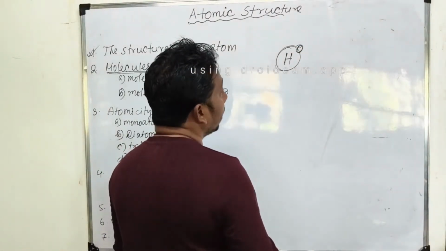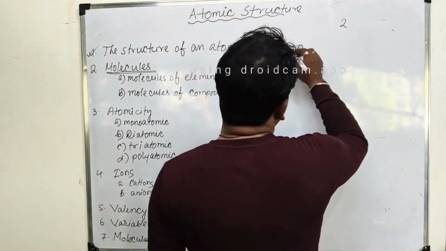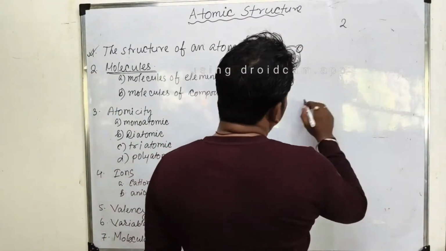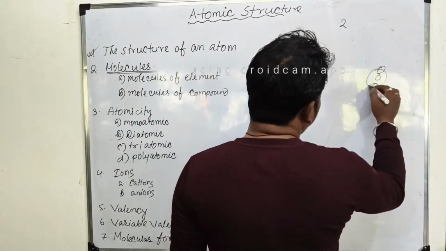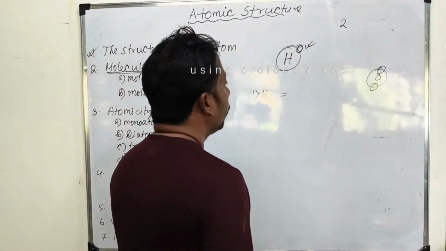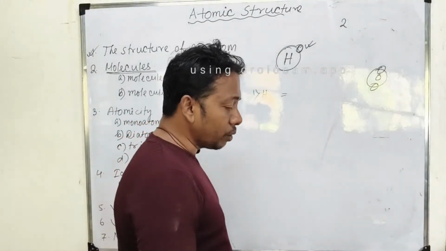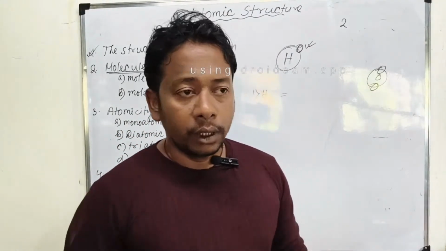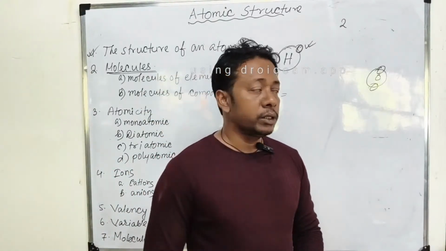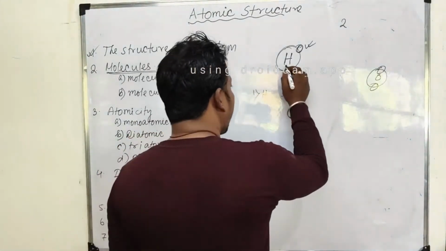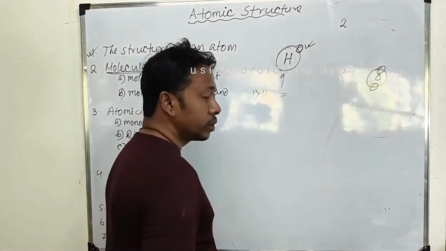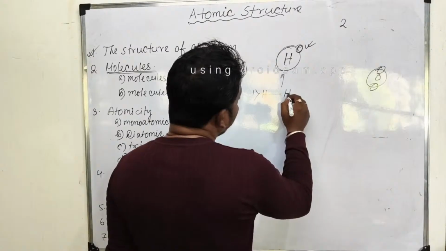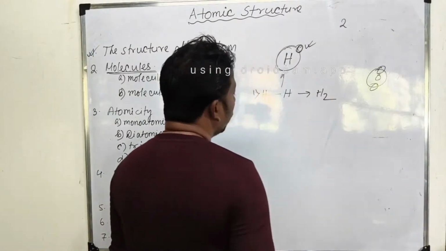The capacity of the first shell is 2 electrons, but right now hydrogen has 1. So it wants the stable configuration like the noble gases helium, neon, argon, krypton, xenon. So hydrogen needs one more electron to stabilize, and that is why it can bond with another hydrogen and make H2.